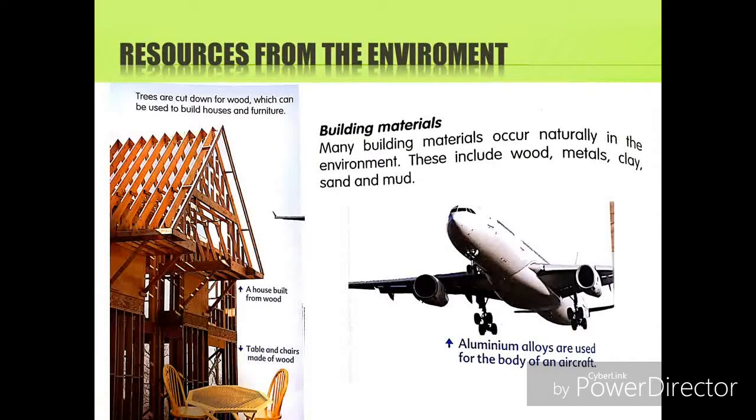Finally, we're going to talk about building materials, which we can get from the environment because they occur naturally. Examples of these are wood, metal, clay, sand, and mud. And they are so important because from them we can make several things which improve our life. So for example, the wood is used for making tables or desks.